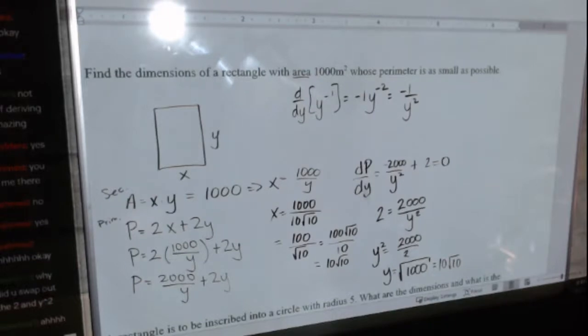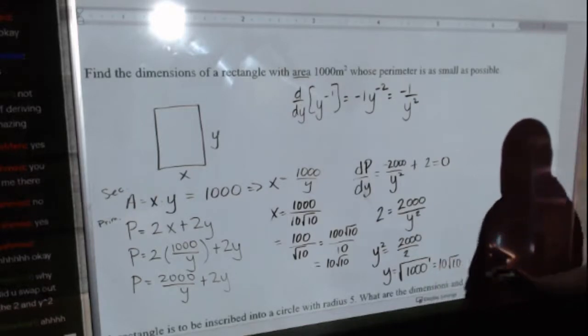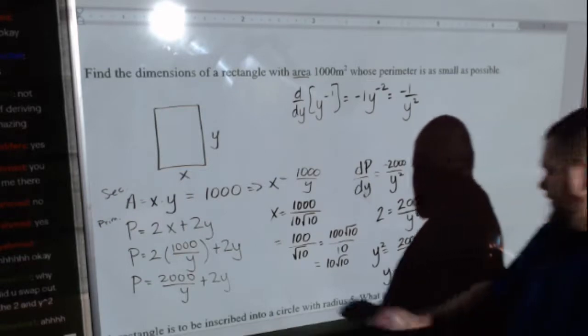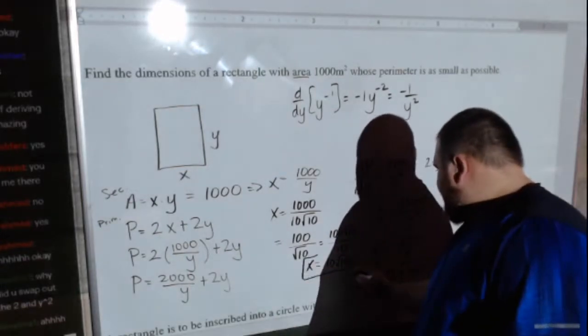So the interesting thing in this problem is that they told us we were creating a rectangle, right? X and Y, they had to be different lengths. But it turned out that both X and Y are the same length.